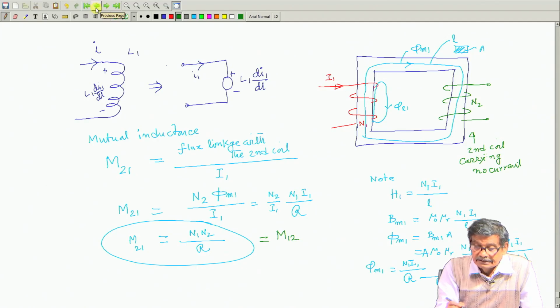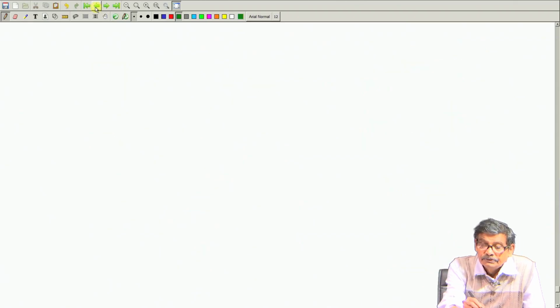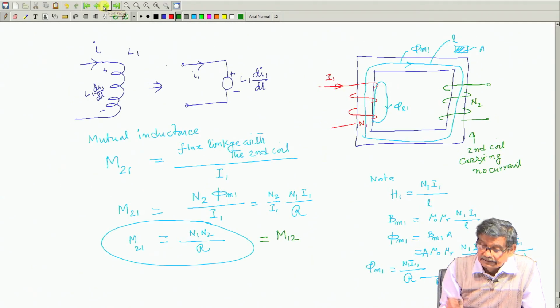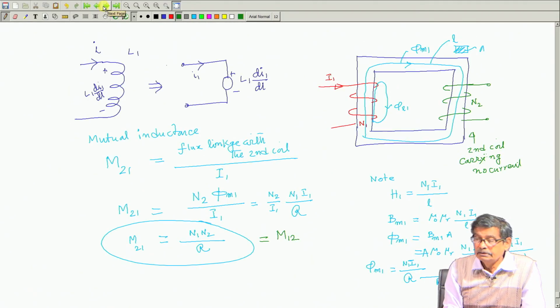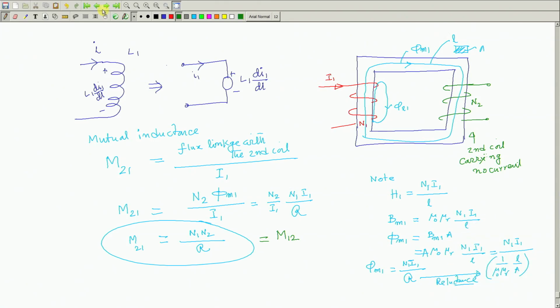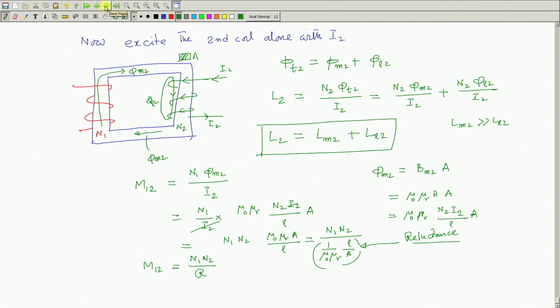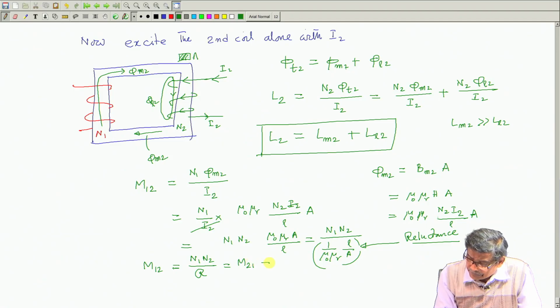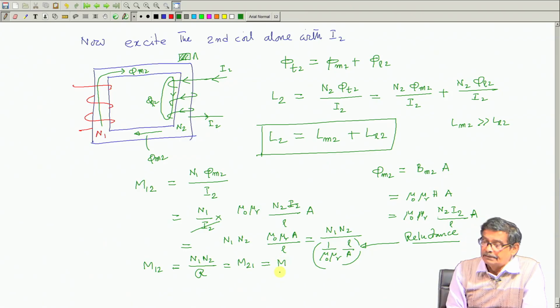Was there any inconsistency in the suffix of M 1 2? M 2 1 indicates the flux linkage there when the first coil carries current, and M 1 2 when the second coil carries current, and we find that this is equal to M 2 1, as it has to be. Therefore, instead of writing M 1 2 and M 2 1, I now define M by a single variable.